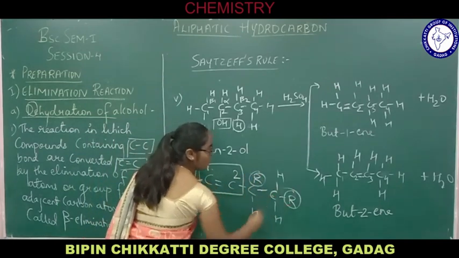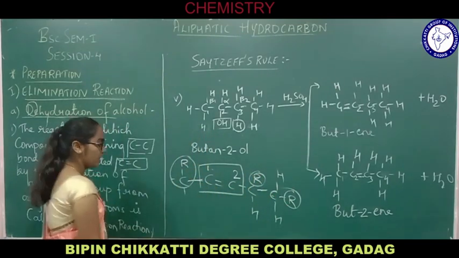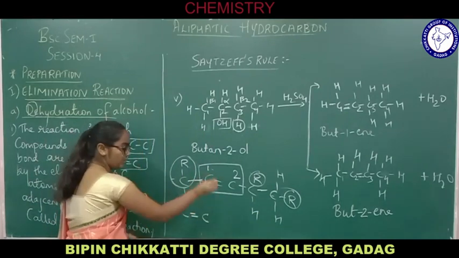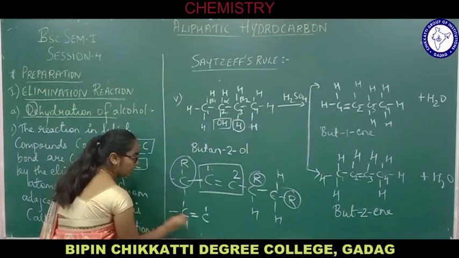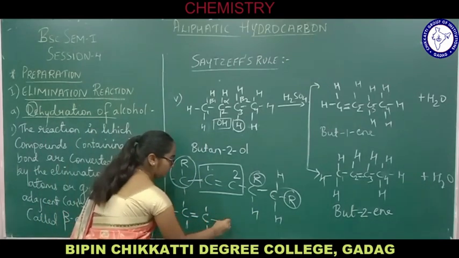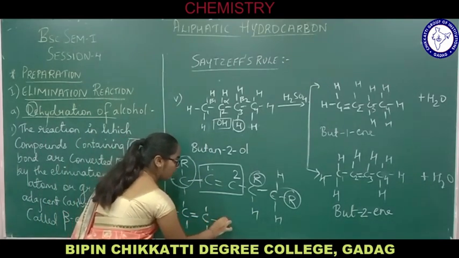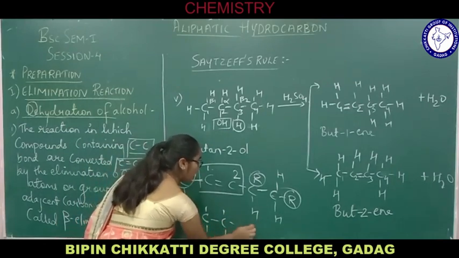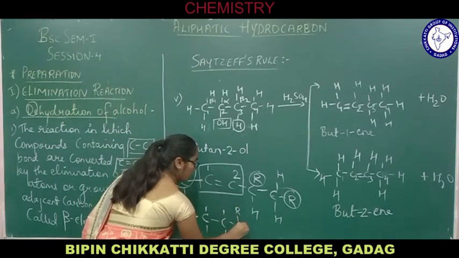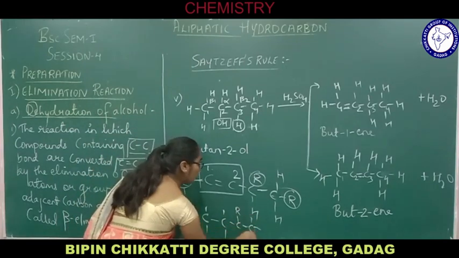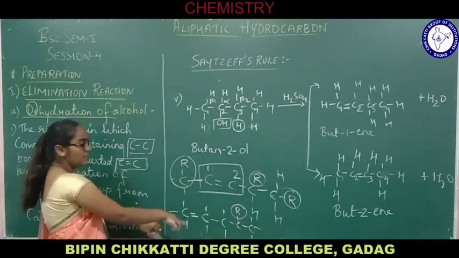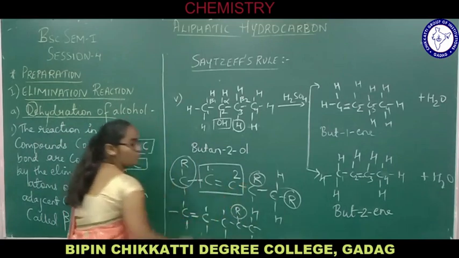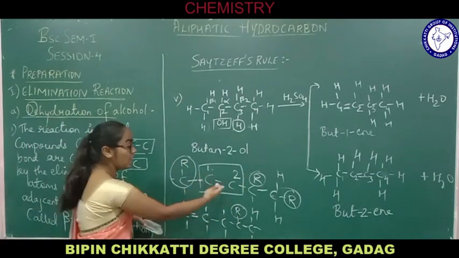Two alkyl groups. This is the first product which has formed. Now let's take another product with another alkyl group. Here in this product only one alkyl group is there, and in the other product there are three alkyl groups present across the carbon-carbon double bond.